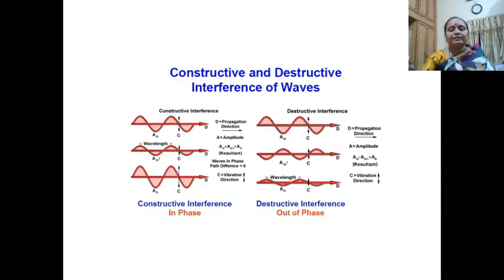Before going to X-ray diffraction of crystals, let us know what constructive and destructive interference of waves are. This is when two waves approach each other. If it is a constructive interference, the waves are in phase, and we get the final wave like this, vibrating along this direction. This is the propagation of the wave, and this is the amplitude over here.